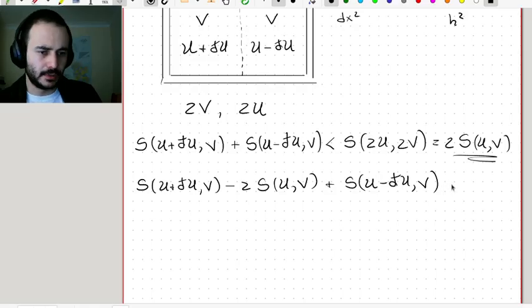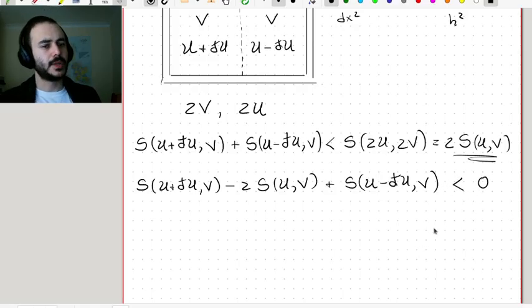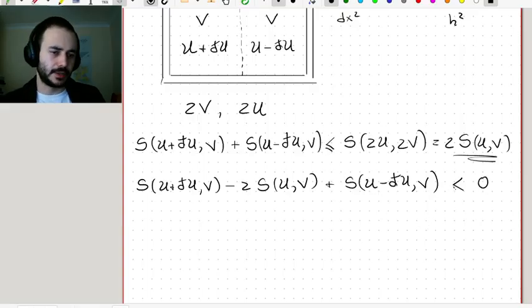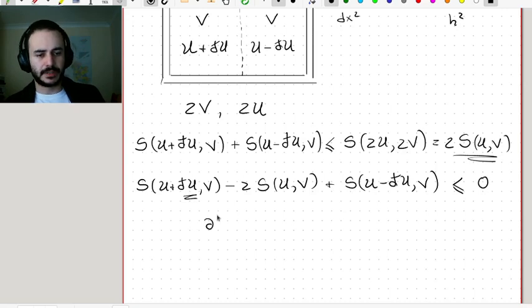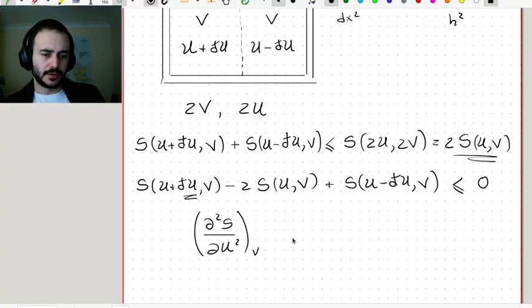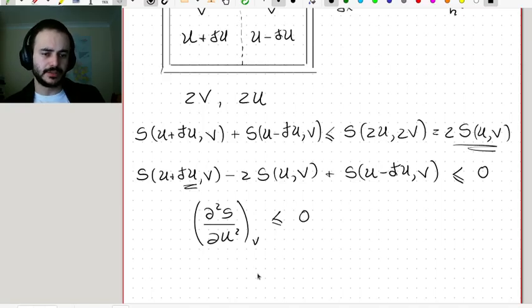And we know that this would be then smaller than 0, or if you like, smaller or equal, okay? Let's just write it like this. So what I'm saying is, in the limit that this is really infinitesimal, the second derivative of S with respect to u squared at constant volume is smaller or equal than 0, okay?